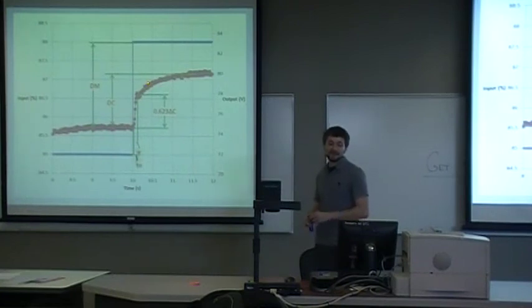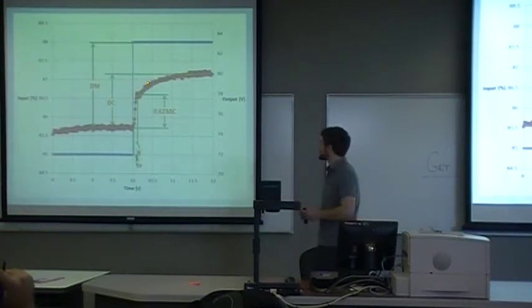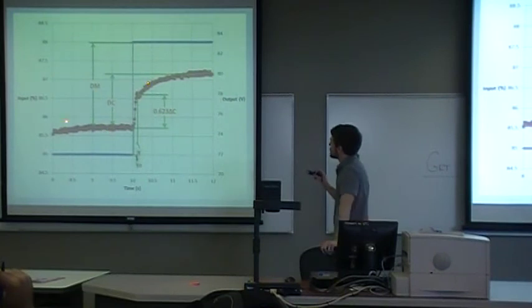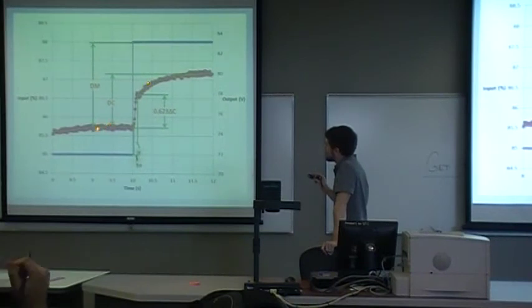And to calculate our dead time, time constant, and gain, we used this approach here. To find the gain, we did the difference between where the red voltage began at the lower input to where it ended up here, divided by ΔC.